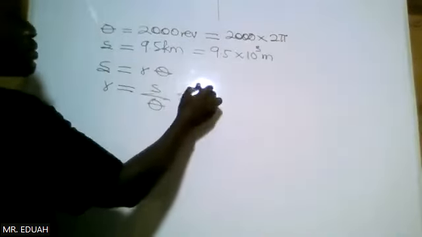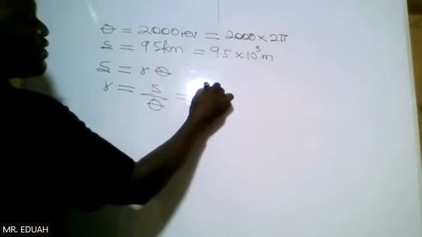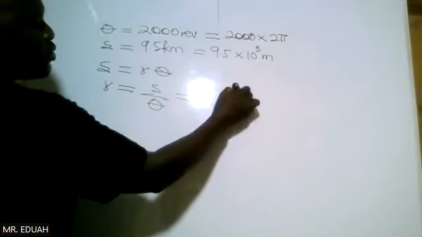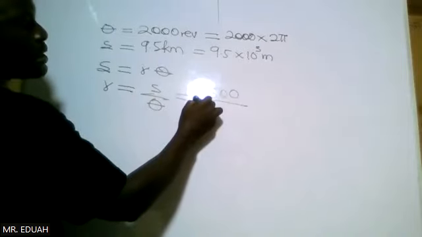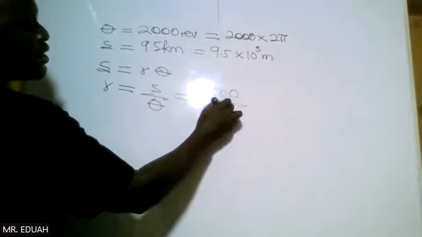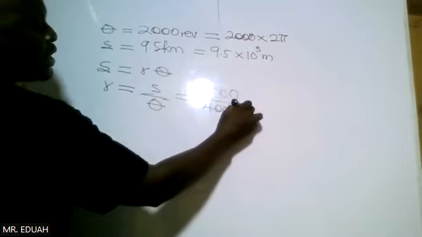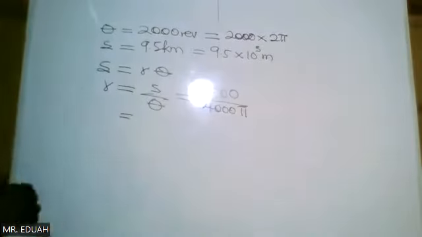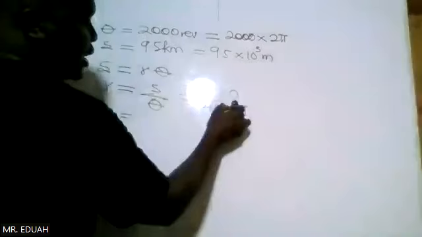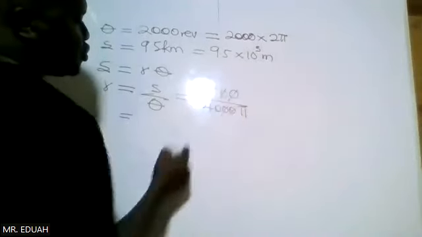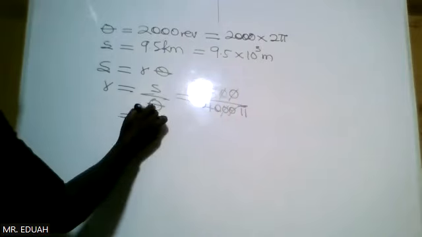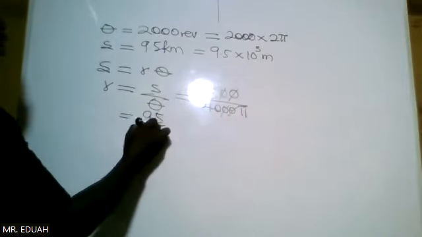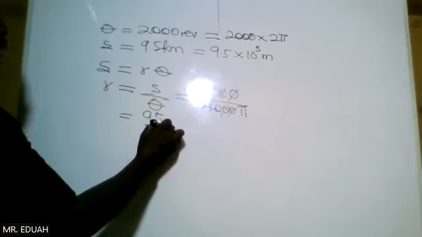So we are talking about 9,500 divided by 4,000 pi. What will be the value of 1212? So we are talking about 95 over 40 pi.